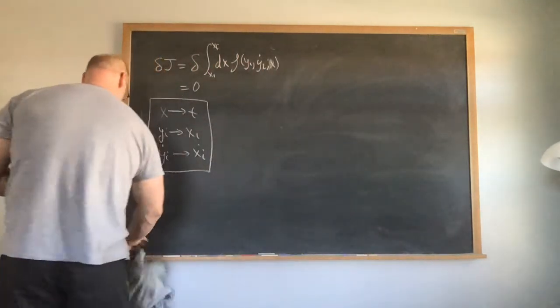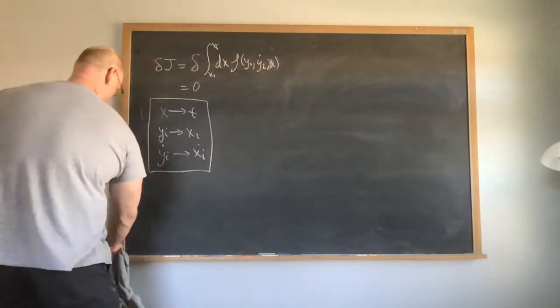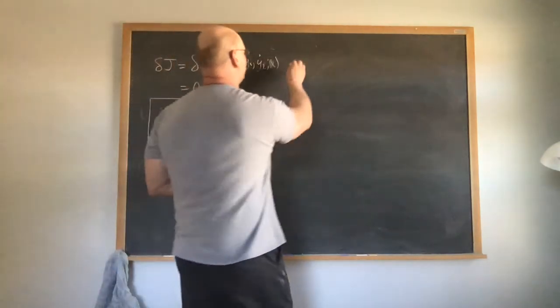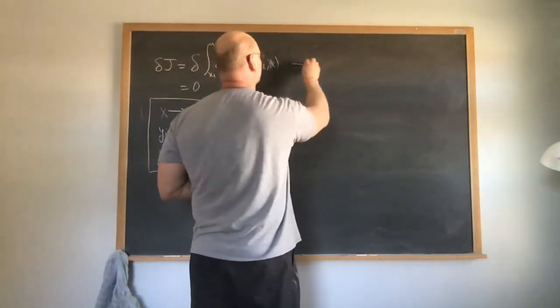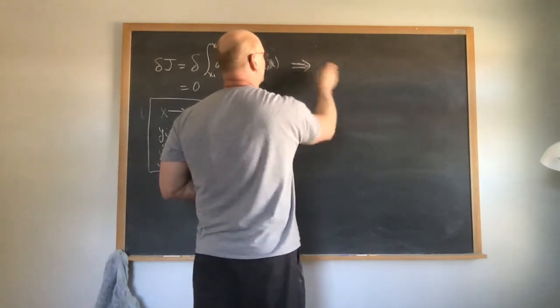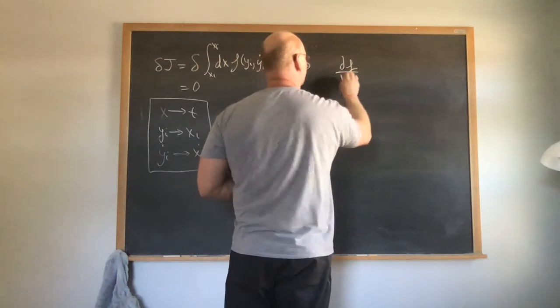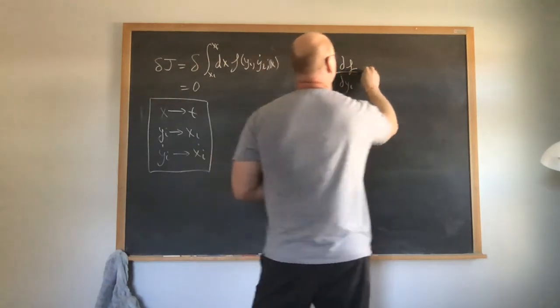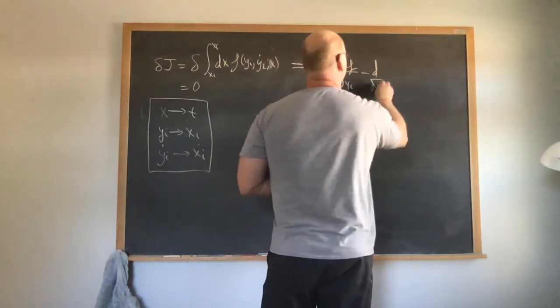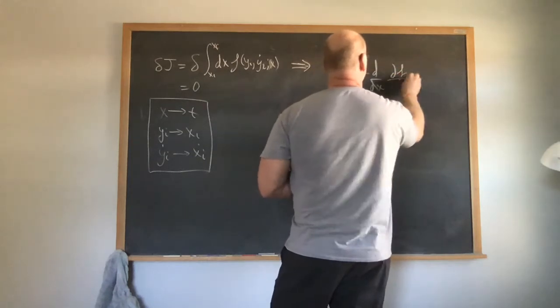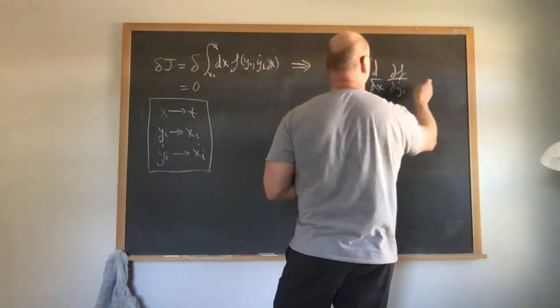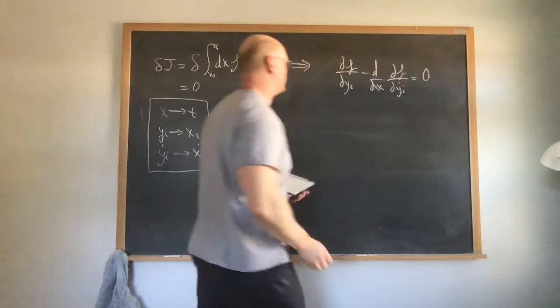So what I mean is, what we saw here was that this gave the Euler equations, which said that the partial derivative of f with respect to y minus the derivative with respect to x of the partial of f with respect to y dot was equal to 0.